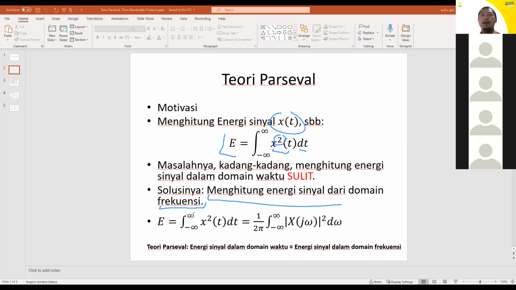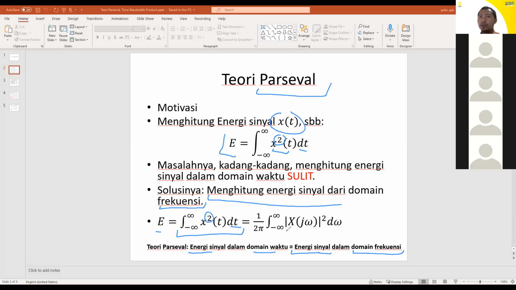And Mr. Parseval realized that the signal energy in time domain should be equal to the signal energy in frequency domain. So you can see here, the energy in time domain is equal to the integration with respect to time of the function powered by 2.